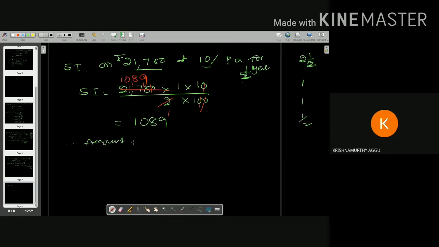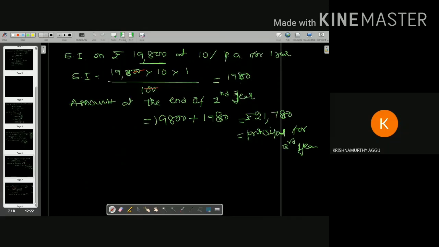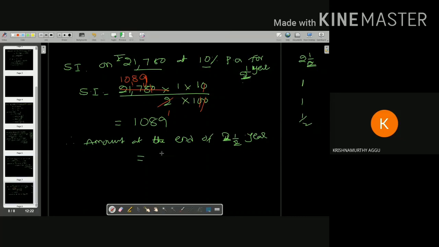Therefore, amount at the end of 2.5 years means up to 2 years amount. Up to 2 years amount is 21,780 plus for this half year interest, whatever the amount you got here.